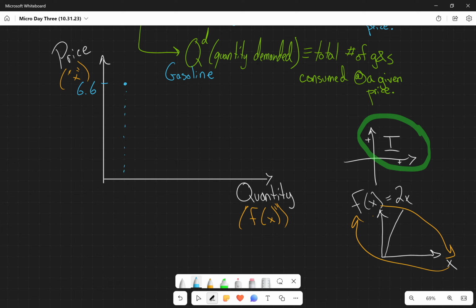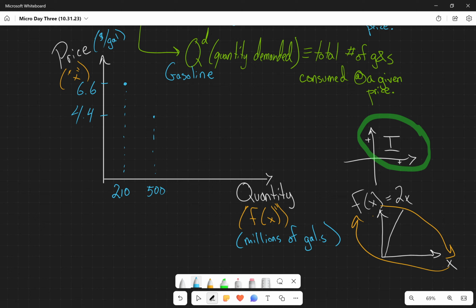If this is our price, and this is in dollars per gallon, this is our quantity, this is going to be in millions of gallons. So at $6.6 per gallon, maybe there'd be 210 million gallons demanded in the United States. If the price went down to something still kind of expensive but not outrageous, at $4.4, maybe we end up with something around 500.